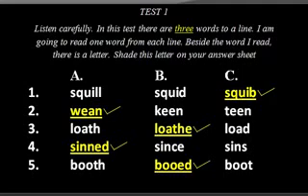The next, in example 2, the word I read was wean, W-E-A-N. Wean. Now, here, the words differed by their beginnings. In wean, we had W being different. In keen, we had K being different. And in teen, we had T being different.